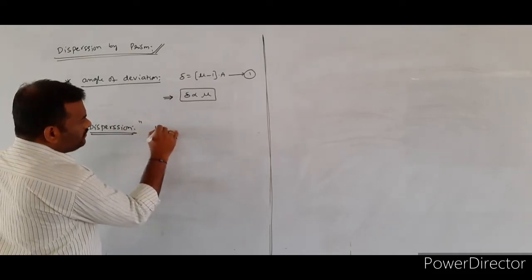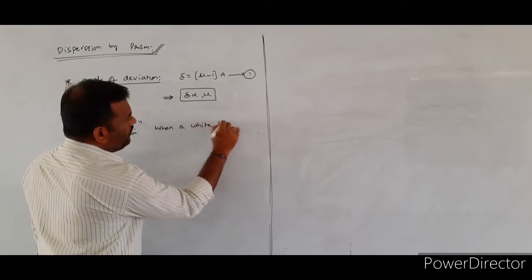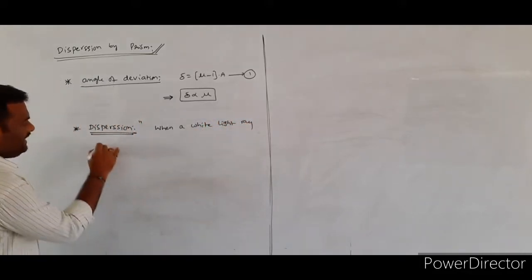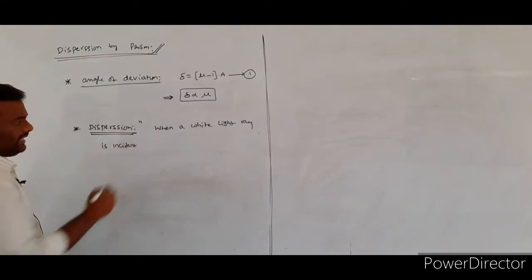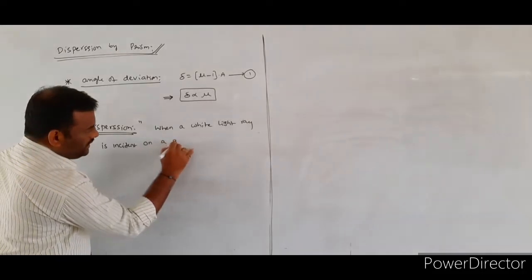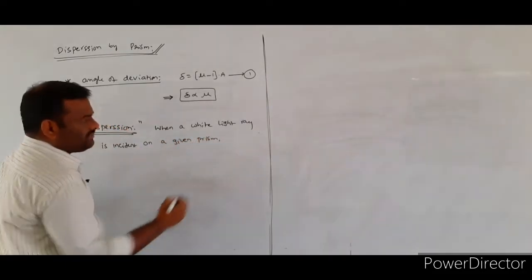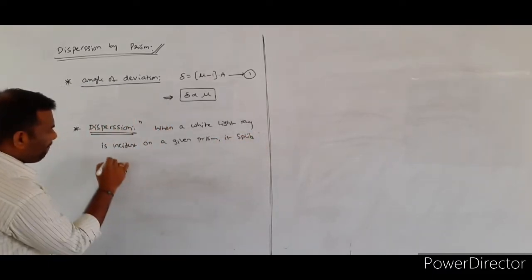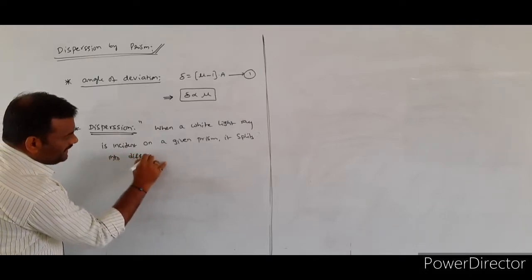See the definition here: when a white light ray is incident on a given prism, it splits into different colors.